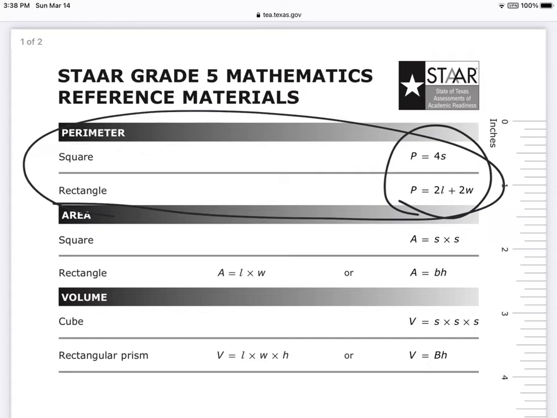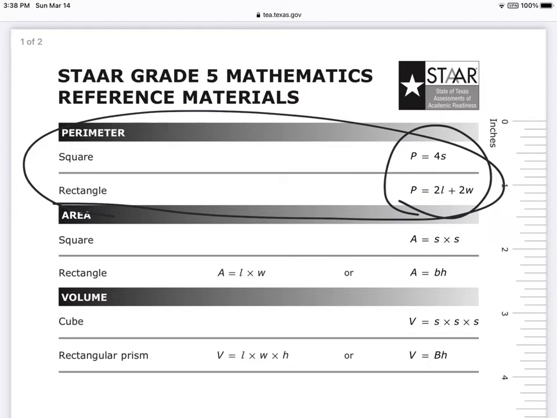If you are reading those things, you just have to clue it back into what perimeter is. The reality is you could do square and rectangle using these two formulas on this page, but I think it all falls back on this: when you want to solve perimeter, you're basically just adding all sides. I always tell my students, these two formulas are good and they definitely work.